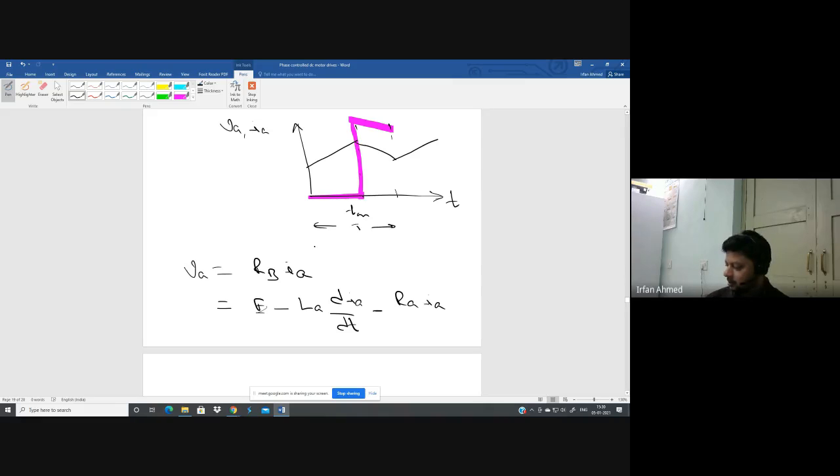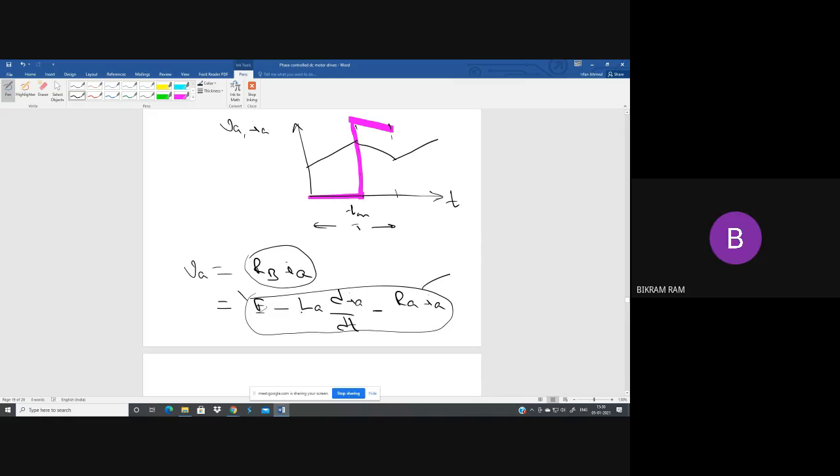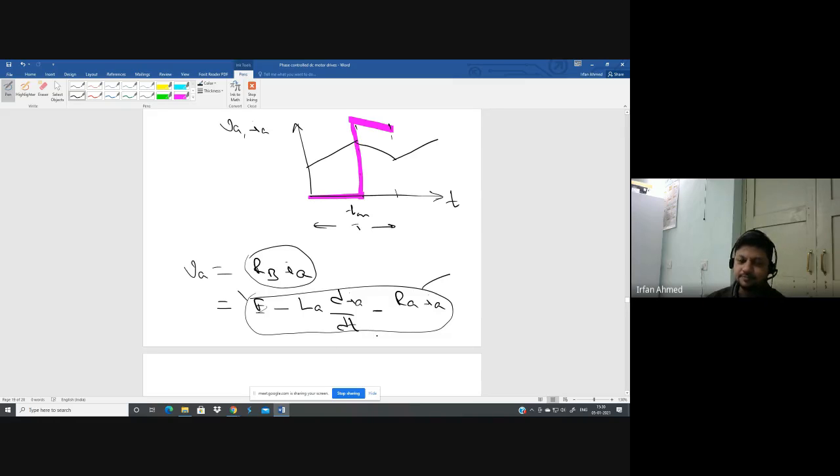So as per this, as IA is decreasing, RB into IA will also decrease. As per this, even if we assume that E is constant, this is decreasing. Then to balance this, LA dIA by dt has to increase.